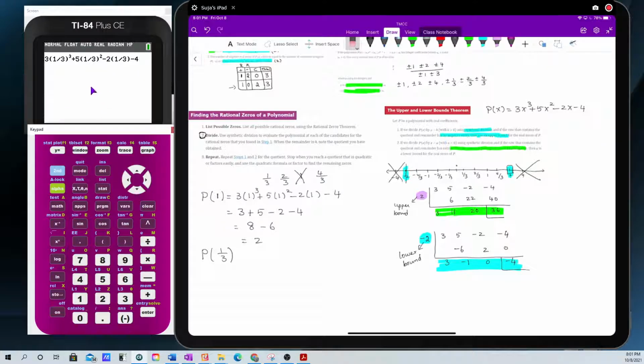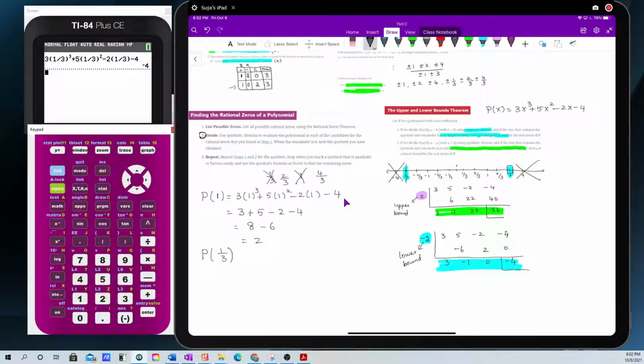The reason I'm doing this is if this doesn't work, then I can use my up arrow and bring this whole expression back down and just change the 1/3 to 2/3. So let me hit enter. I got a -4.